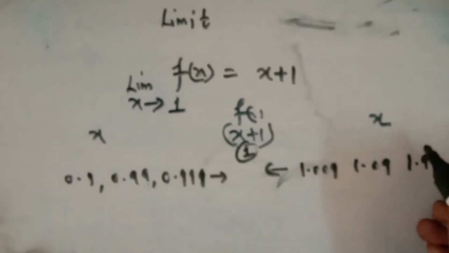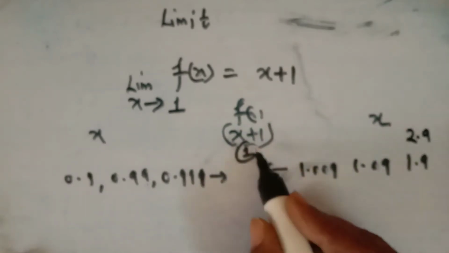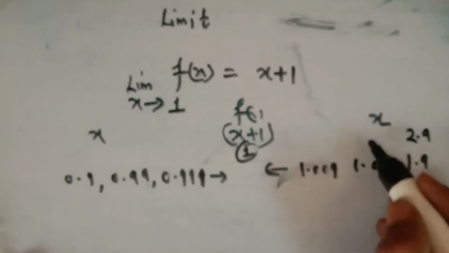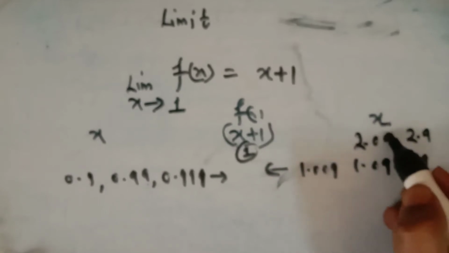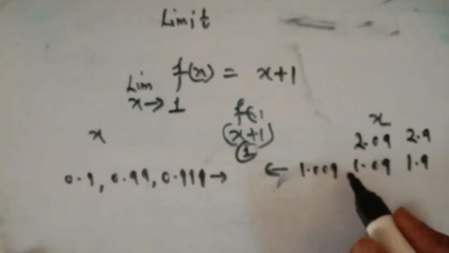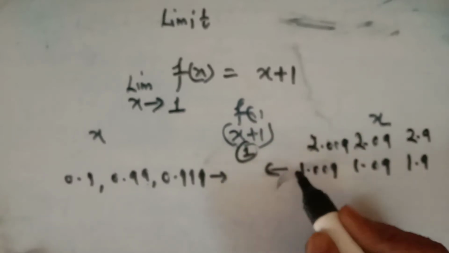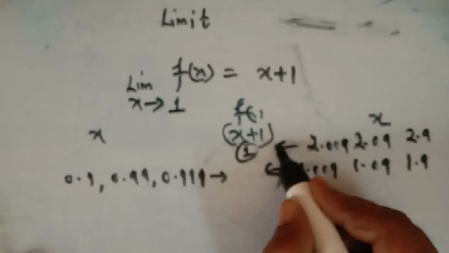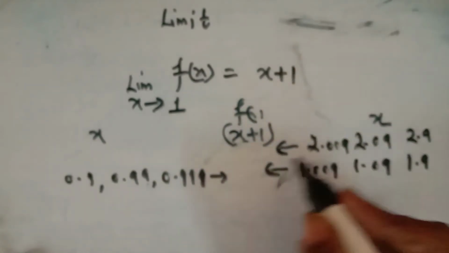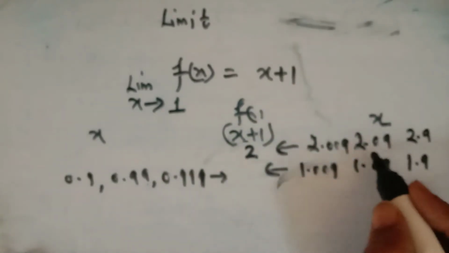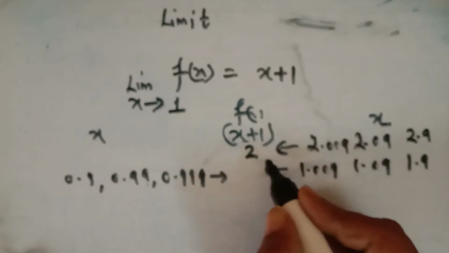Now what is the value of the function f(x) when x is 1.9? It will be 2.9. When it is 1.09, it will be 2.09. When it is 1.009, it will be 2.009 and so on. That is, it is approaching 2.